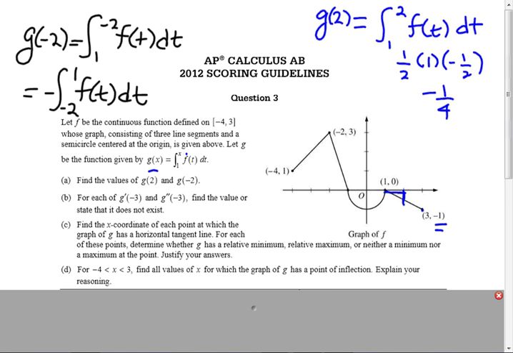The graph's underneath, that's negative, so that makes it positive. It's just easier to do this. And I think you'll get it right more often. So it's negative times whatever I get there. So from -2 to 1, I have to do this one, which is 1/2. What's the base here? 1. And the height is 3.